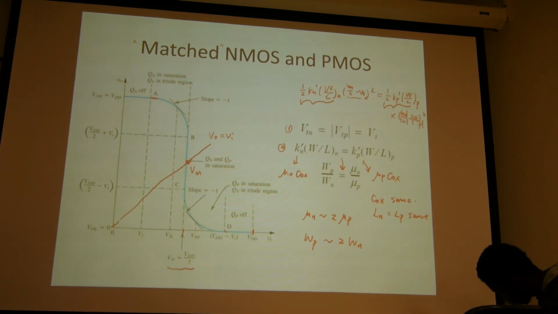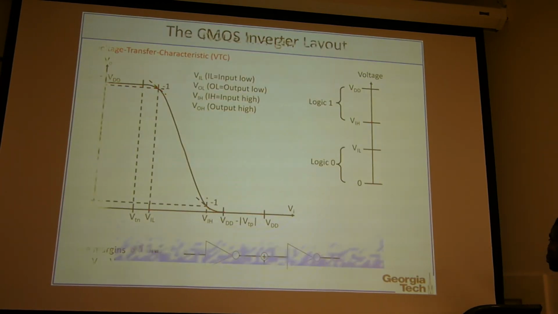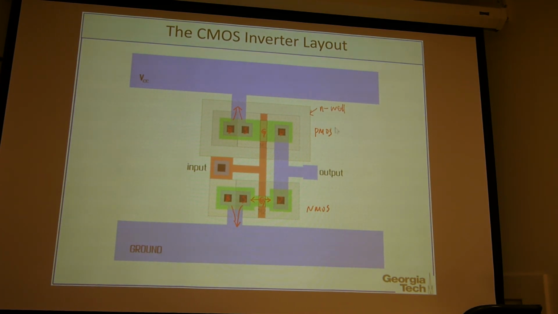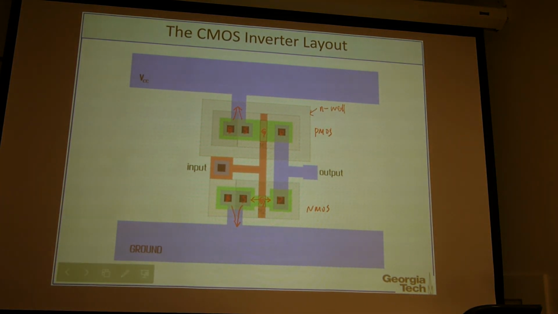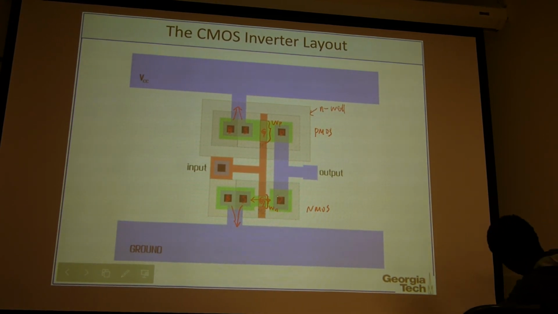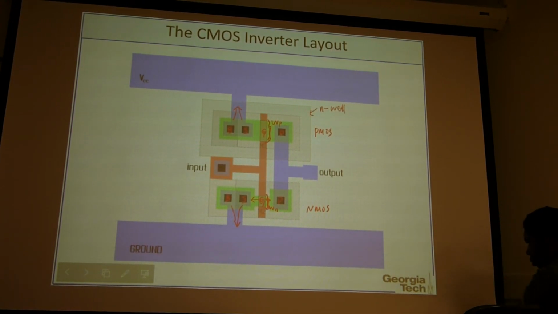If you want to achieve this so-called matched condition, as a circuit designer, you have to size your PMOS wider than the NMOS. That goes back to the layout we have shown here. So you have to make this region wider than the NMOS. You see this WP is wider than the WN, the width of the transistor.